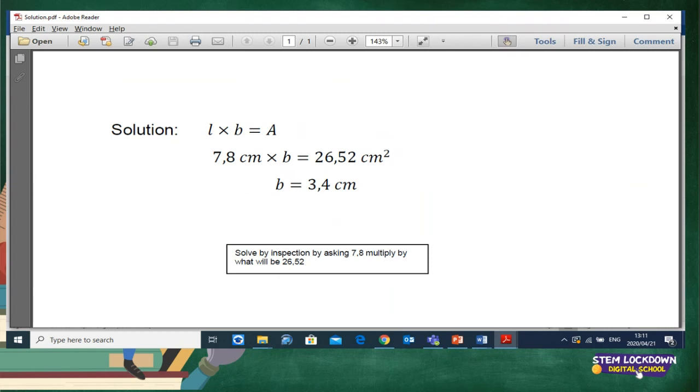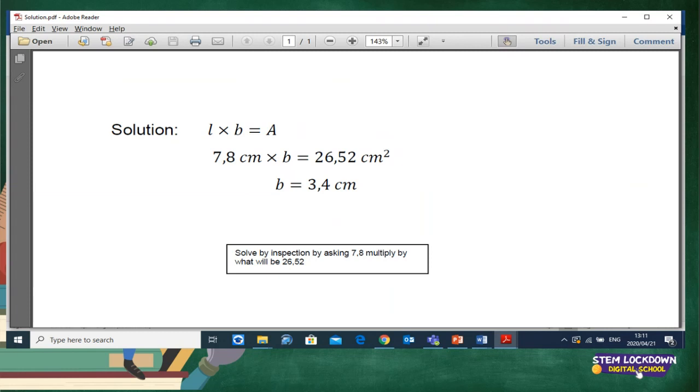You can simply divide both sides by 7,8 in order to proceed to calculate the breadth, which is B. And of course, if you divide 26,52 by 7,8, you will get 3,4 centimeters, as you can see there on the screen. So basically, this is the solution to the question that was posed earlier.